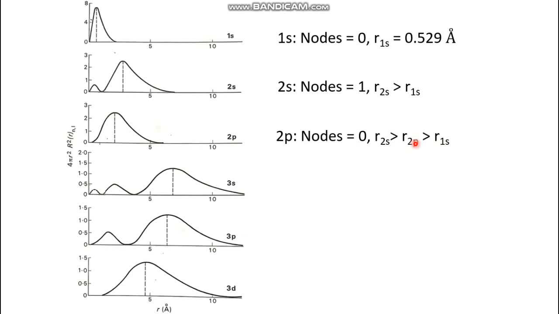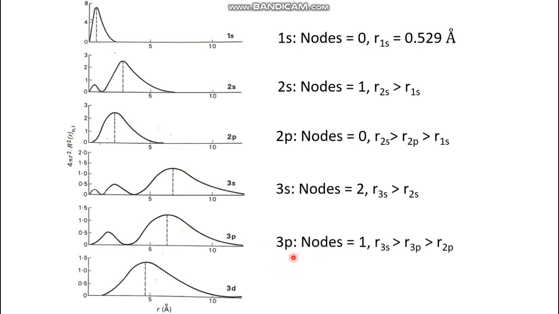So 2p is greater than 1s but less than 2s. On the other hand, 3s is greater than 2s, as well as it has two nodal points, and three-dimensionally it has two nodal planes.